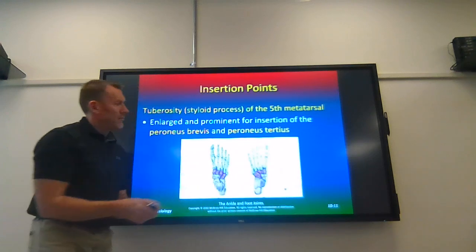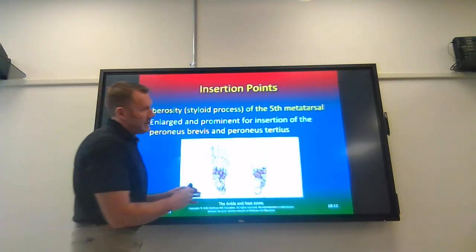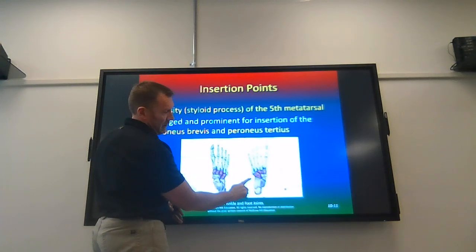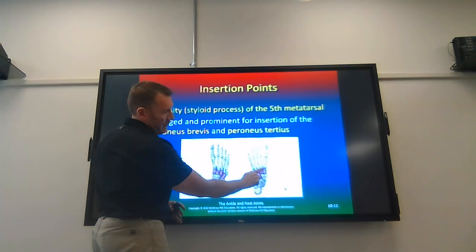Lateral side of the medial side? So the peroneus longus tendon comes from the lateral side, which is where my finger's at. It crosses underneath the foot to the medial side and has its insertion right here.